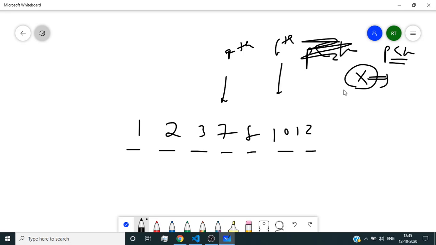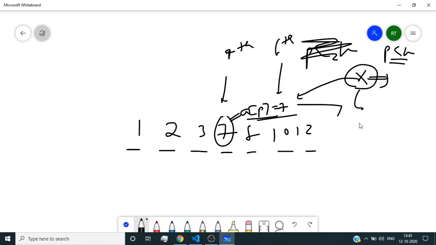We were given p less than k, and we have a of p. Initially a of p is equal to 7, and if our desired value is greater than this, let's say our desired value is 8, it would not be possible for us to perform some operation and then place 8 here.